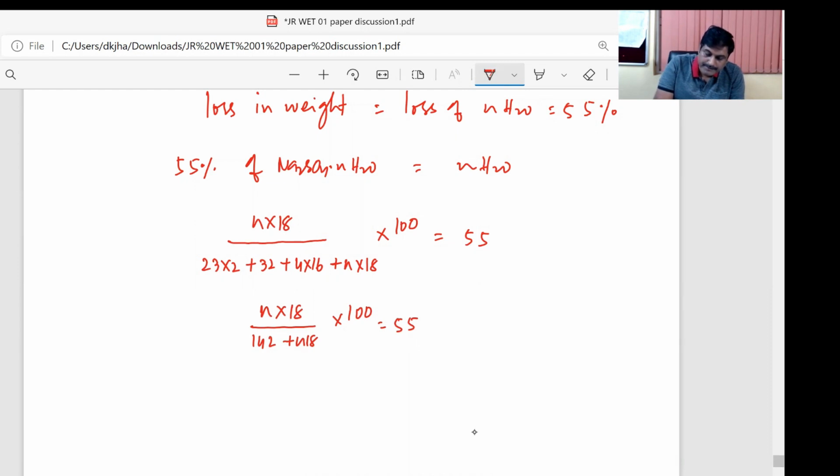We get here 1800n is equal to 55 into 142 plus 55 into 18n.